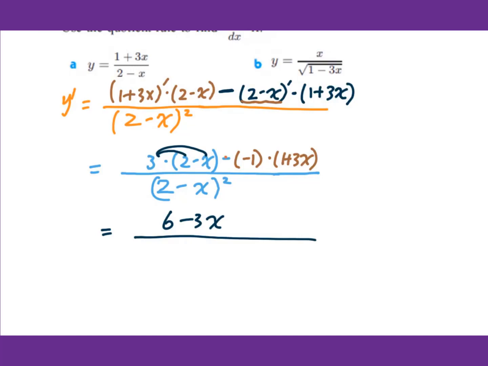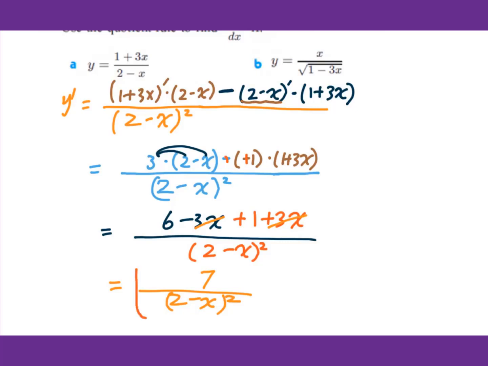Negative negative will be positive. So you have plus 1 plus 3x. We have 2 minus x squared. Therefore, the top is gone, so we have 7 over 2 minus x squared. This will be the derivative of y equals 1 plus 3x over 2 minus x.